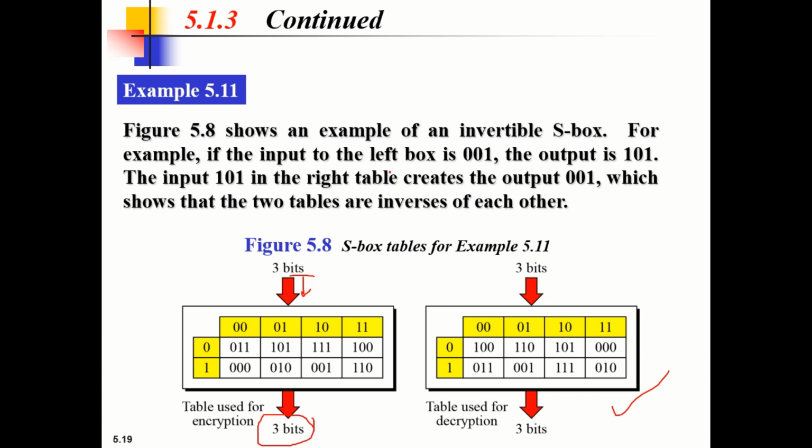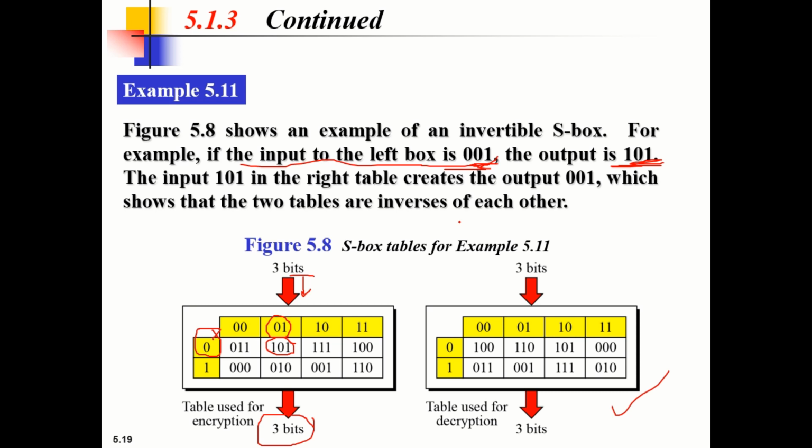In this example, say the input to the left box is 0, 0, 1. So we have to check it for here, over here. This is 0 and 0, 1. So 0, 0, 1 gives you 1, 0, 1, right? So this will be the output, which is written over here, 1, 0, 1.